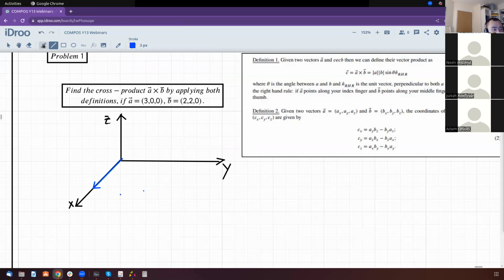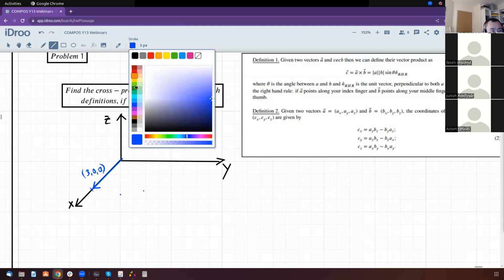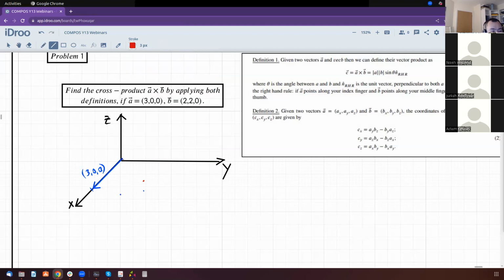This is vector A. We draw vector B, and vector B is 2, 2, 0. That's vector A. That's vector B.